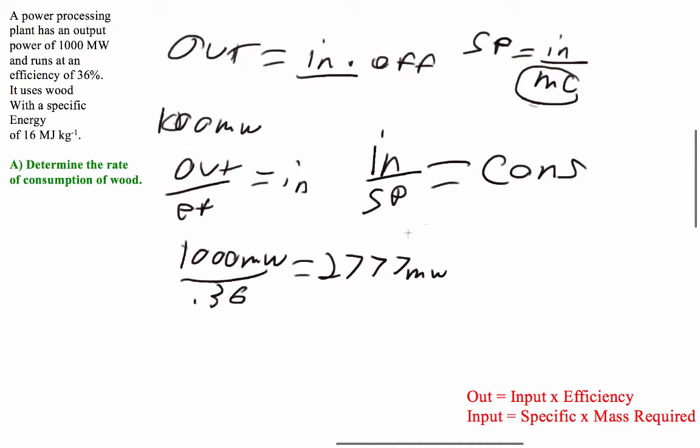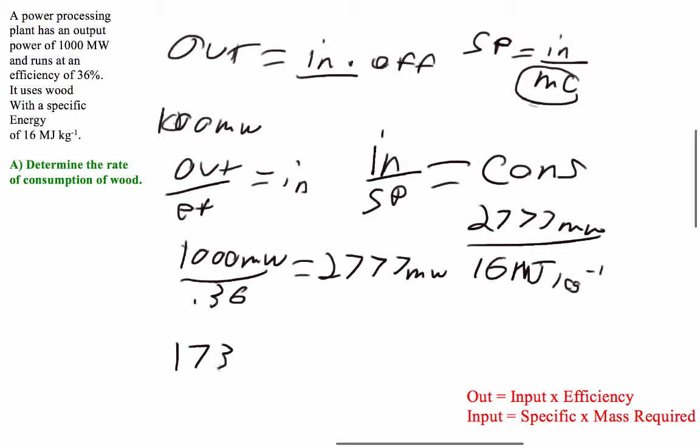Alright, so that's going to give us 2,777 megawatts over 16 megajoules per, what is it, kilogram? So from there, that's going to give us 173.6 as our final answer.